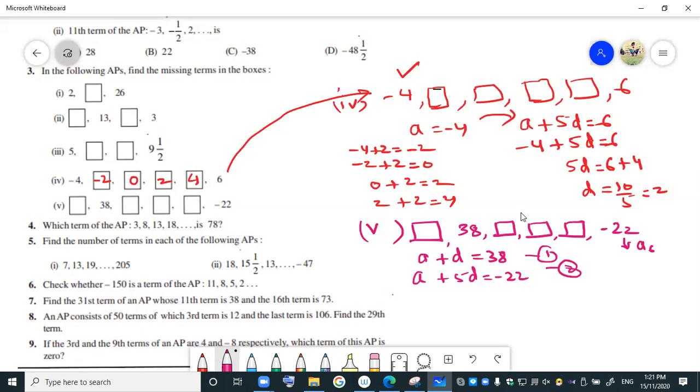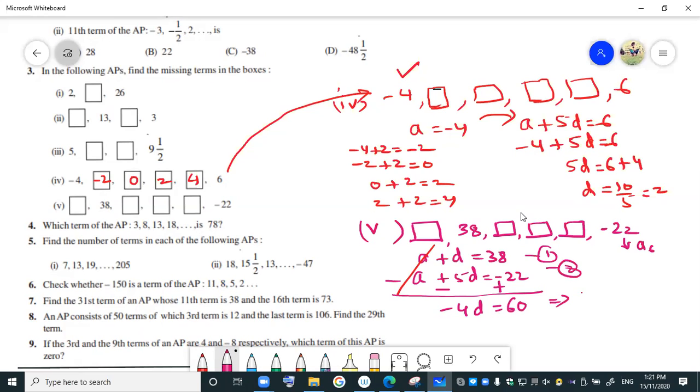Equation number 2. Subtract them, minus. This a will cancel. You will get d minus 5d. Sign will change. This will become d minus 5d, that is -4d. And this will be added: 38, 40, 50, 60.